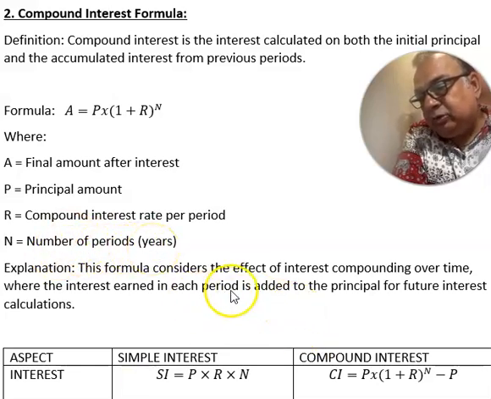This formula considers the effect of interest compounding over time, where the interest earned in each period is added to the principal for future interest calculation.